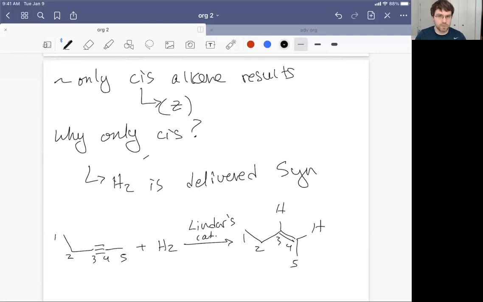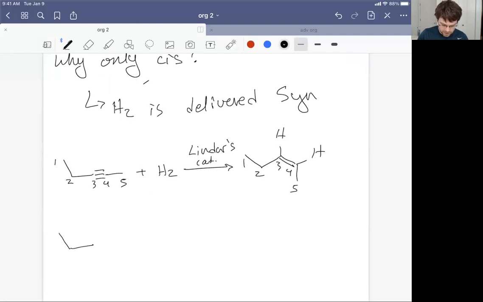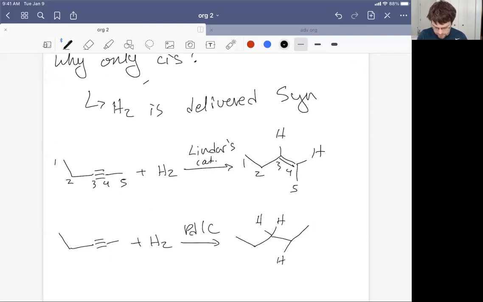So one of the triple bonds converts into a double bond. We don't have to worry about exhaustive hydrogenation. Whereas if we had taken the exact same alkyne and reacted it with palladium on carbon, we would get this molecule resulting from exhaustive hydrogenation.